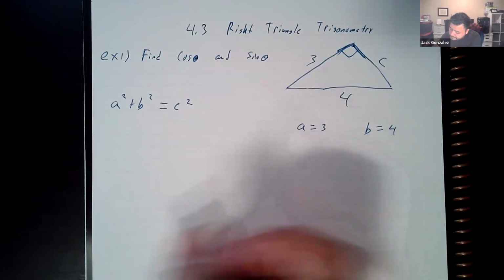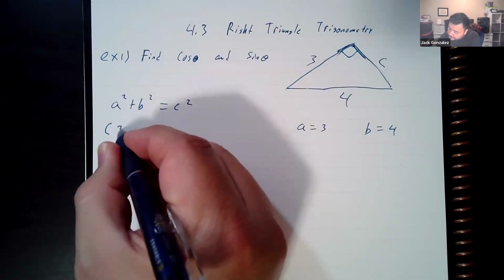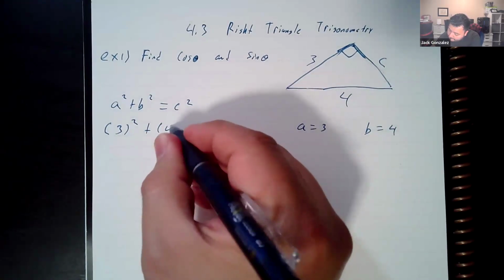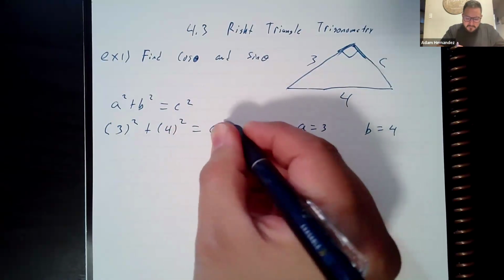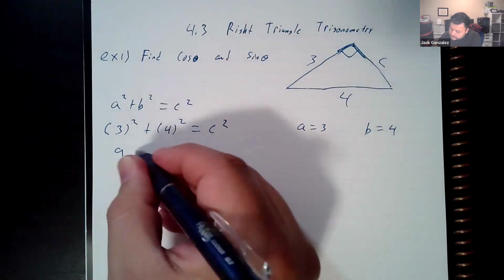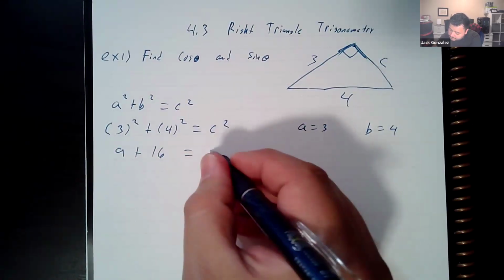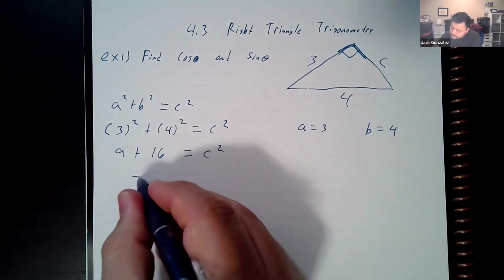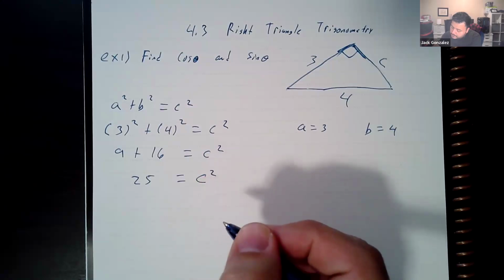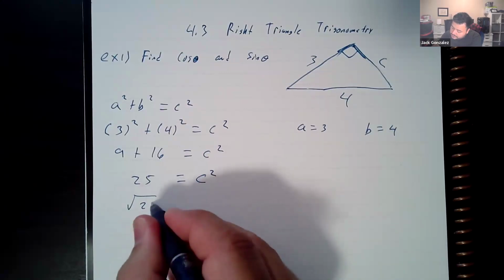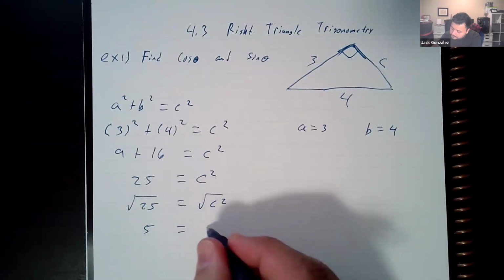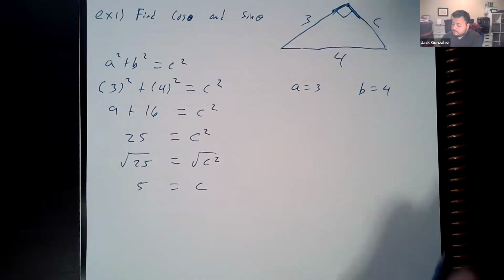So plug in your three, plug in your four, solve for C. That'll be 9 plus 16, which is 25, right? So square root both sides. C is 5.